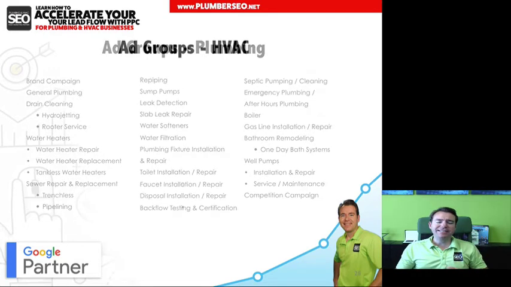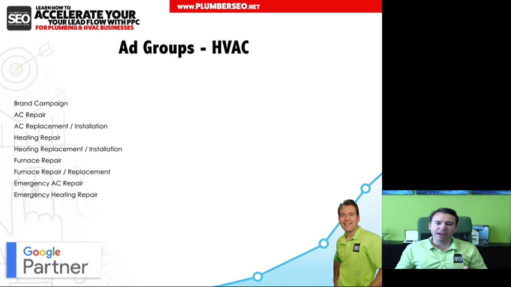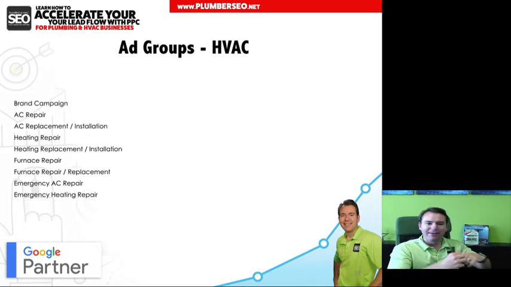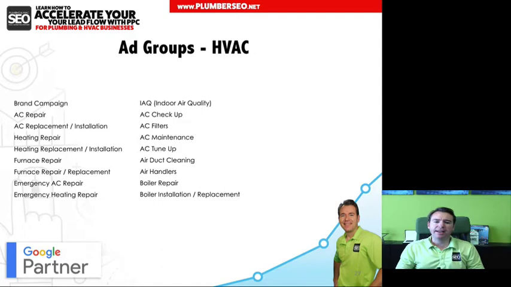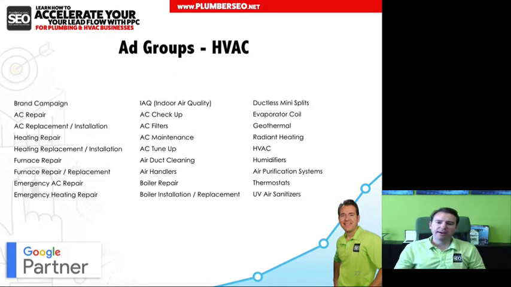And then within HVAC, it's a completely different set, right? It's still a brand campaign, but there's AC repair, AC installation and repair, furnaces, heaters. There's the emergency repair and replacement play, indoor air quality, tune-ups, filters, maintenance, boilers if you do that, radiant floors, ductless mini splits.